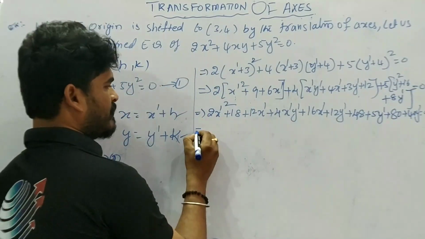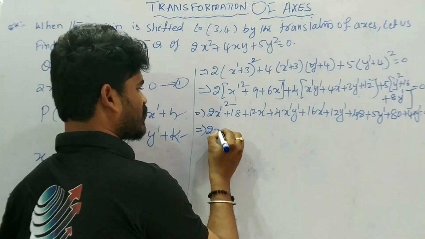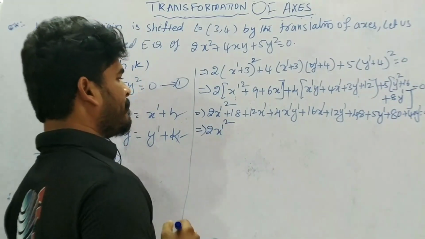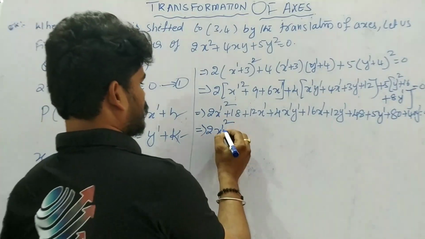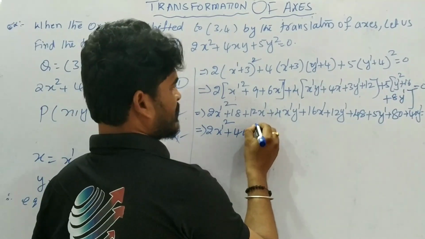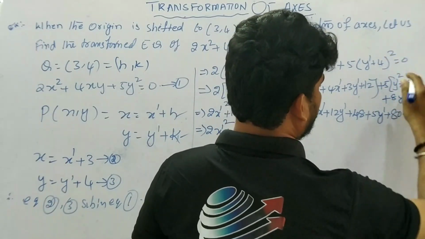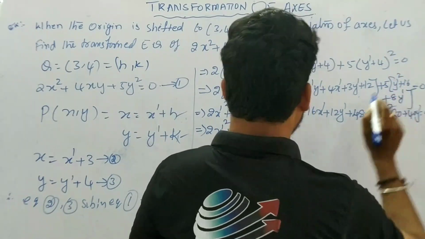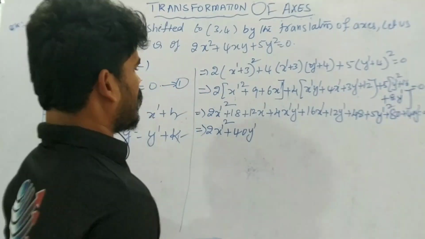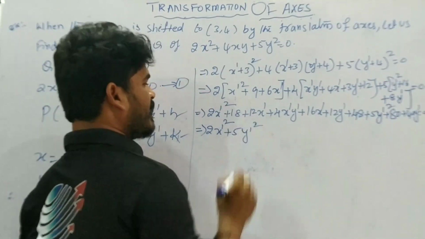First note down x square: 2x dash square. Next, 5y dash square.